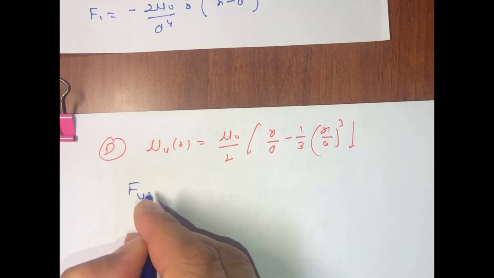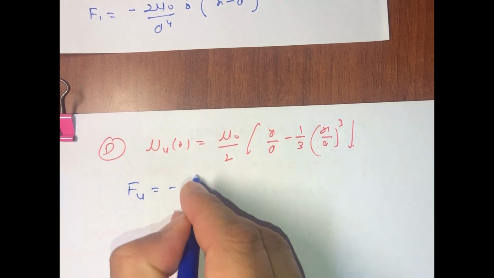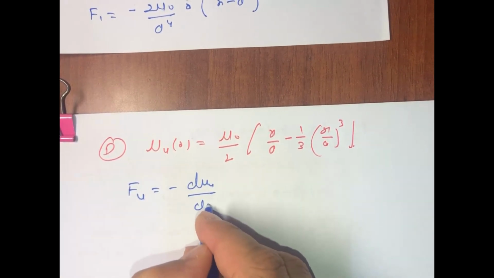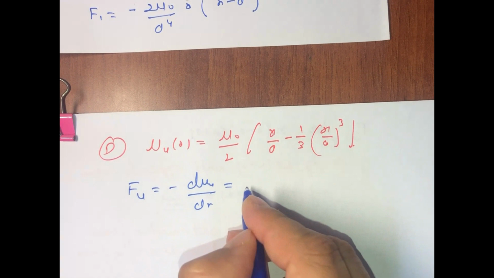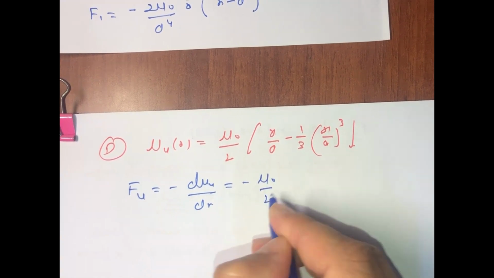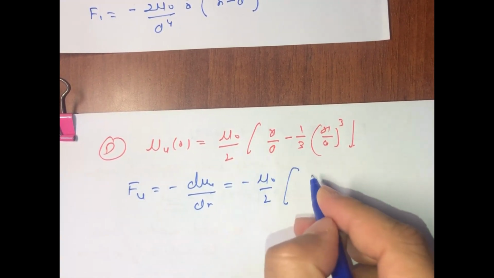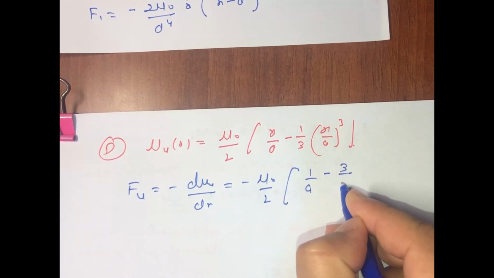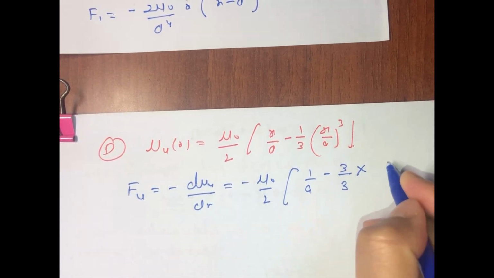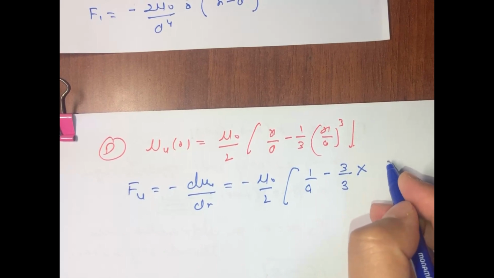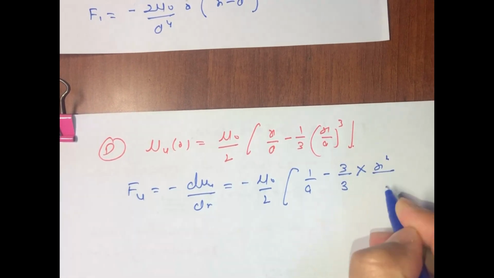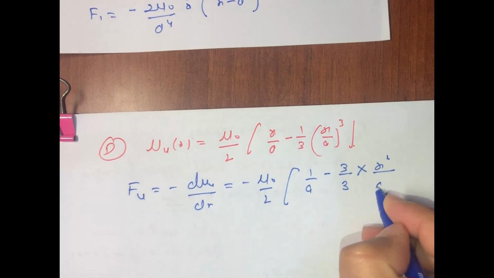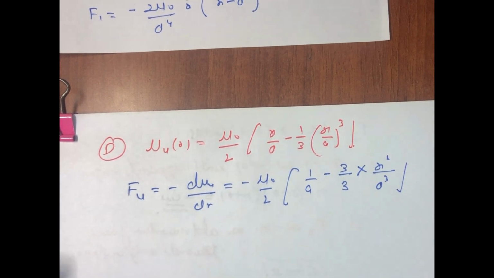We get that F4 is equal to minus du4 upon dx, which we get this is minus u naught upon 2 times 1 upon a minus 3 upon 3 multiplied by x square divided by a cube. 3 and 3 cancels out.